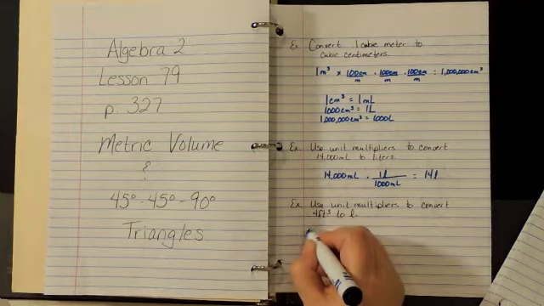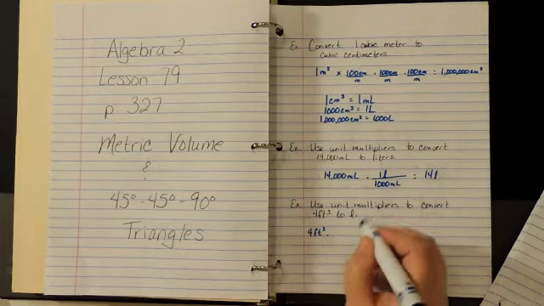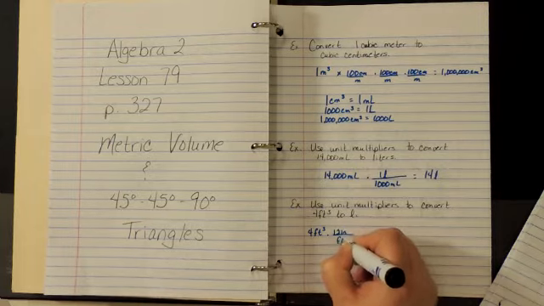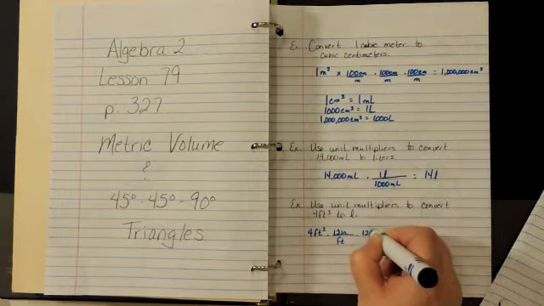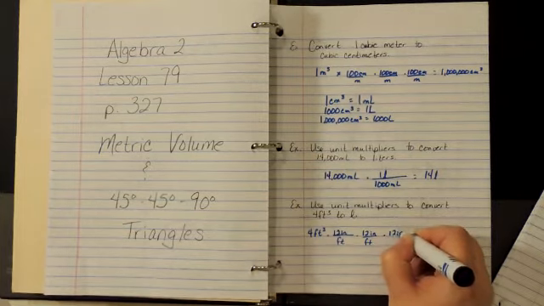So we have 4 cubic feet. We have 12 inches to a foot times 12 inches to a foot times 12 inches to a foot.